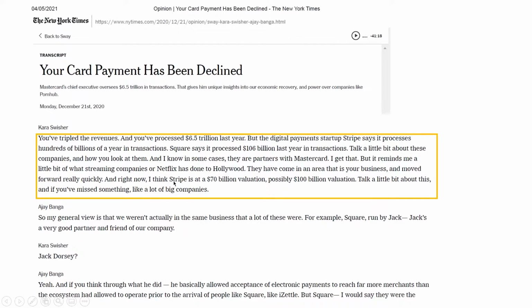And right now, I think Stripe is 70 billion valuation, possibly 100 billion. Talk a little bit about this, and if you've missed something like a lot of big companies. So this is an interesting question. Probably is this a long-term risk factor? I mean, whether these companies can disrupt Mastercard.